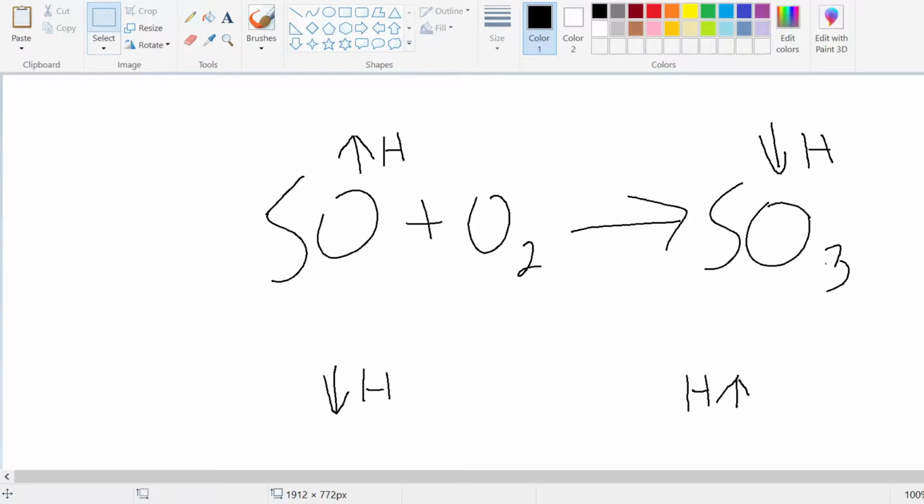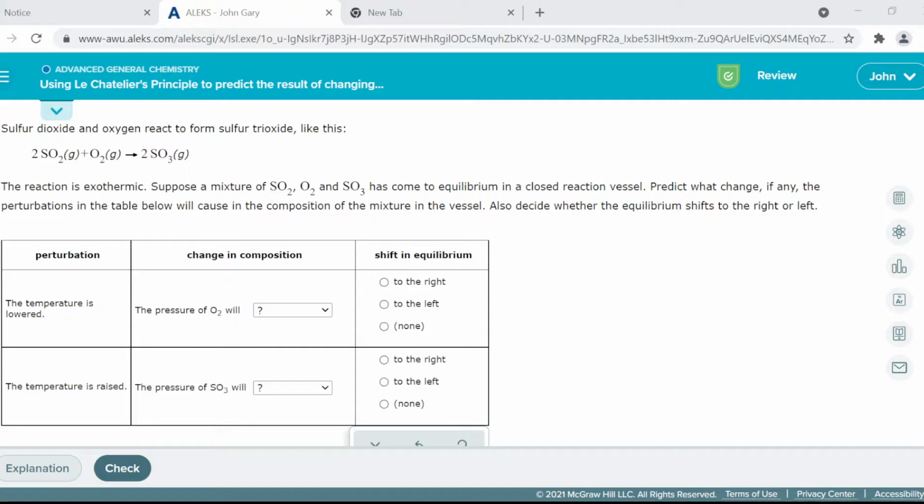But this is exothermic, so let me clear that. Now let's look back at our problem. Reaction is exothermic. And so now it asks us a couple different things to consider. We adjust the temperature, we lower it, and we raise it. How will that affect equilibrium, right? So what I'm going to do is write these temperature patterns.